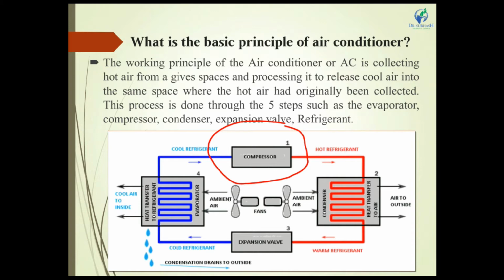The cool refrigerant comes from the evaporator and passes through the compressor, where the pressure and temperature are increased in the gas or vapor state. After the compression process, the gas becomes superheated.